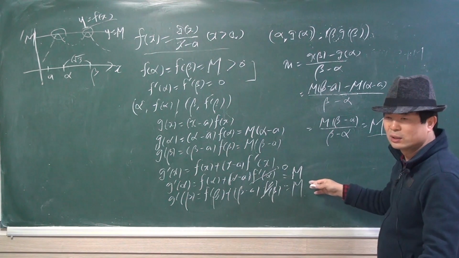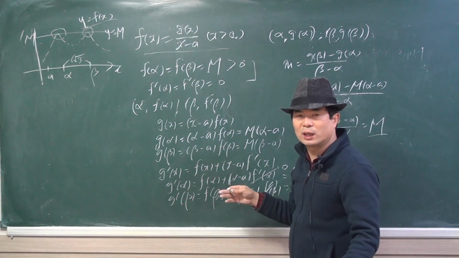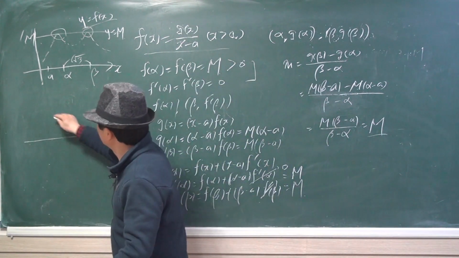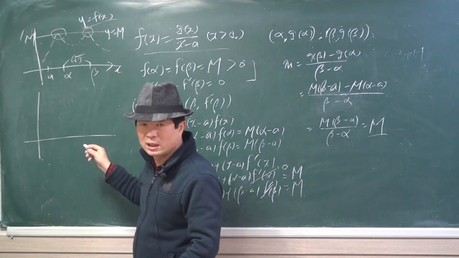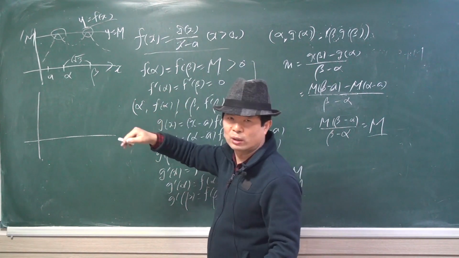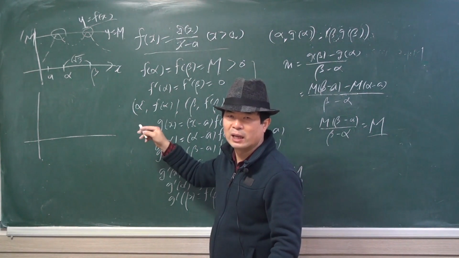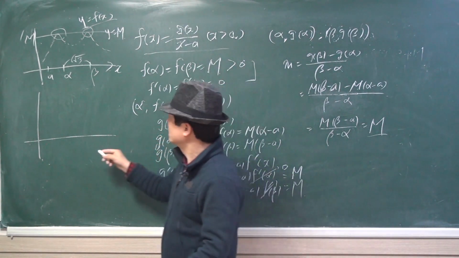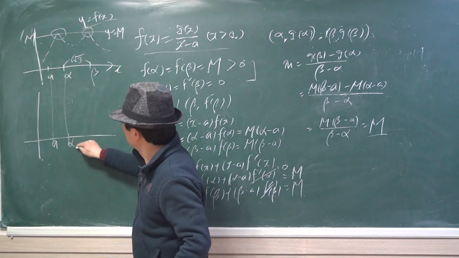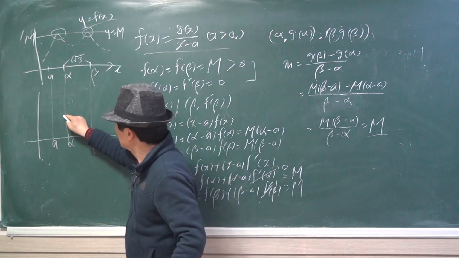Using these conditions we have found so far, we can try to sketch what g(x) looks like. It is given that g(x) is a quartic polynomial with the leading term of minus x to the fourth. So we sketch the function like this.